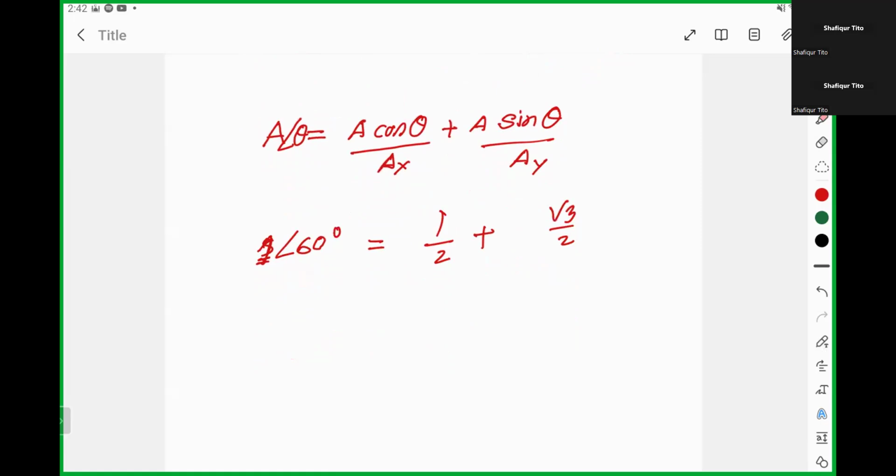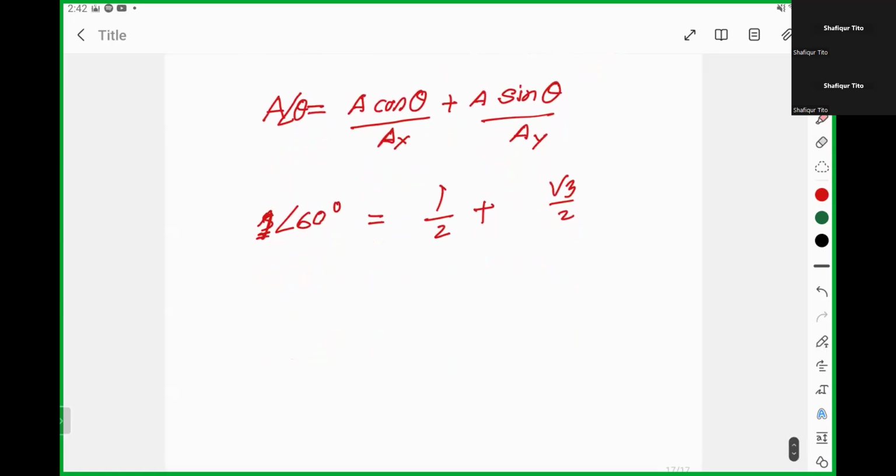What is the complex number? How this complex number comes into meaning is, if you write down here, this x-axis is making cos of 0 degree, right? So in the reference, the axis is 0 degree.